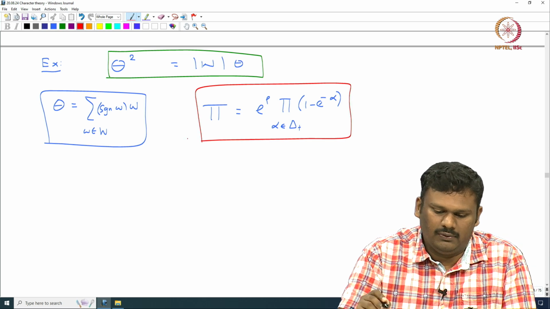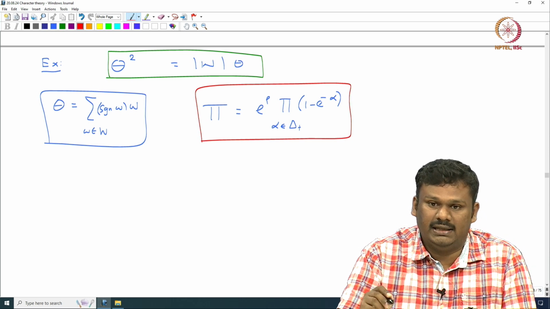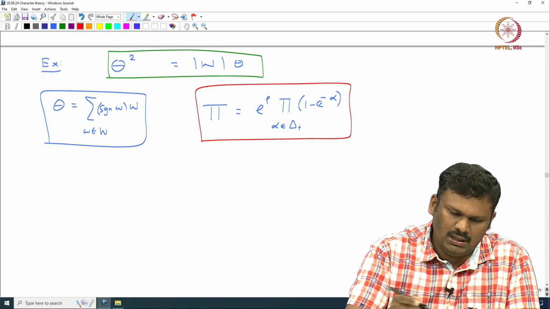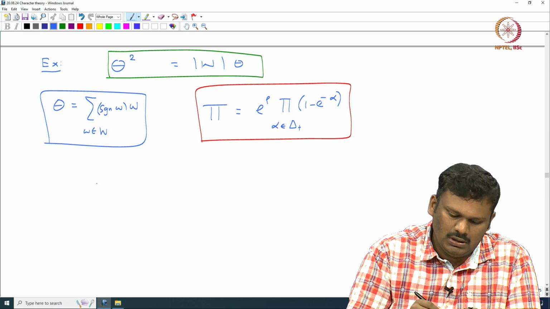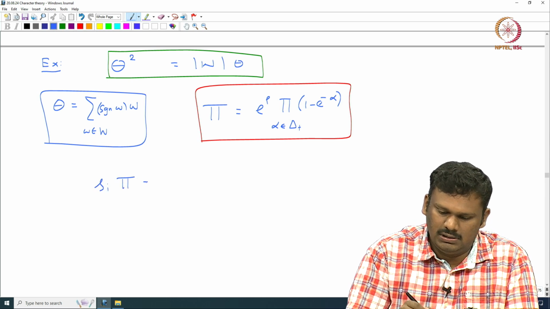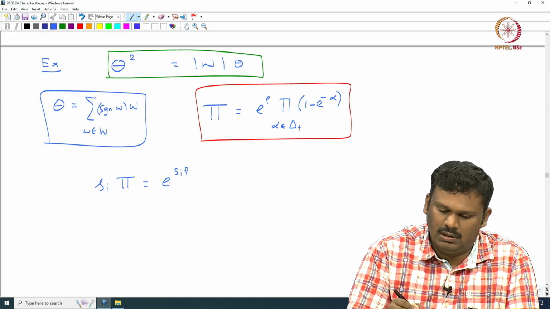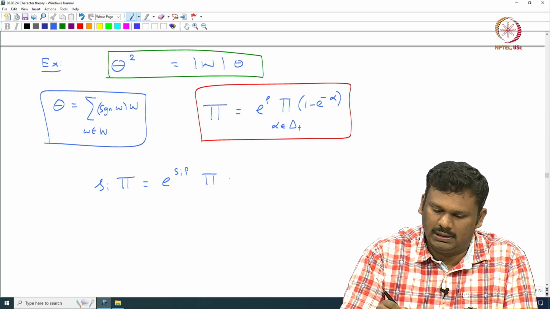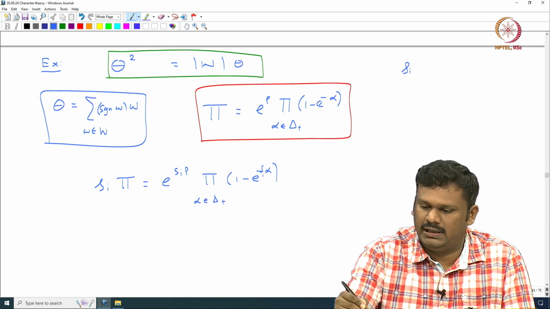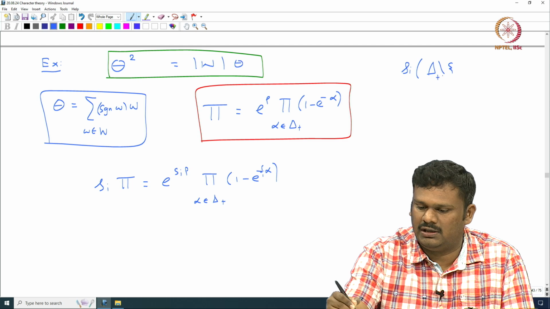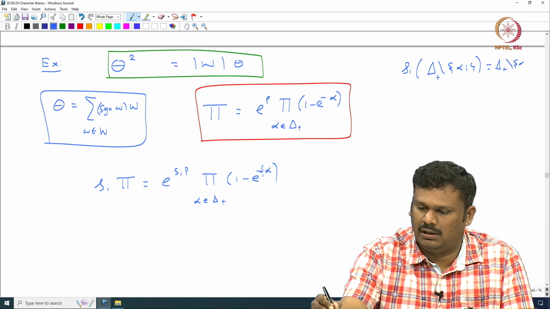Now what I want to do, I want to apply Si and then see what happens. If I apply Si, then Si of pi is going to be e power Si rho times product 1 minus e power minus Si alpha, alpha in delta plus. But note that Si of delta plus minus alpha i is the same as delta plus minus alpha i.